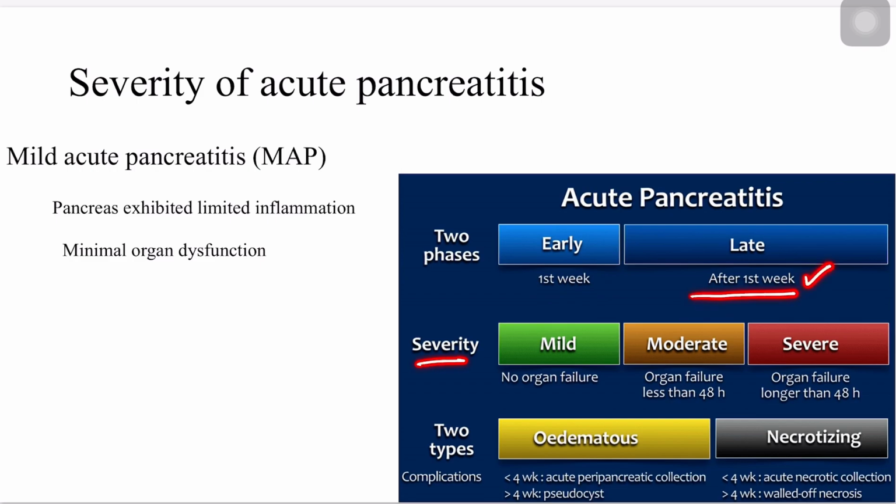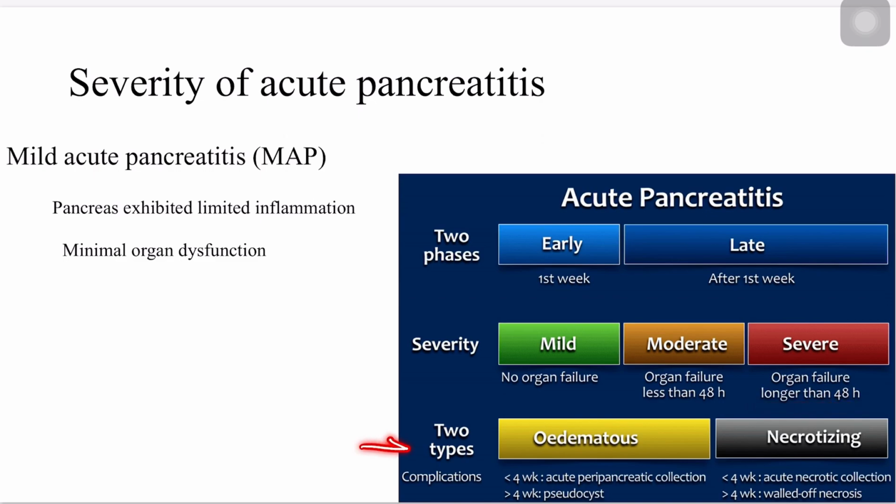But for the severity, we have mild, with no organ failure. Usually amylase and lipase are high, but there is no damage of the organ, just a mild inflammation of the pancreas. In the moderate, organ failure less than 48 hours can happen, and in the severe, organ failure can be longer than 48 hours.